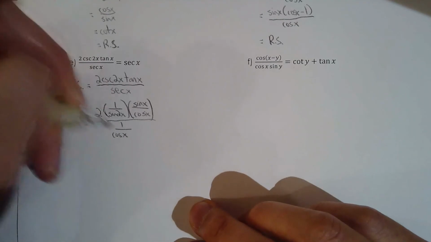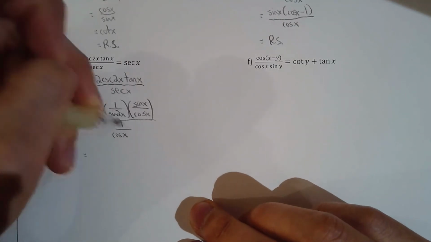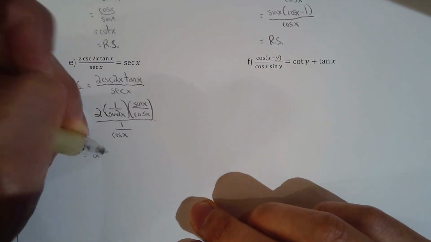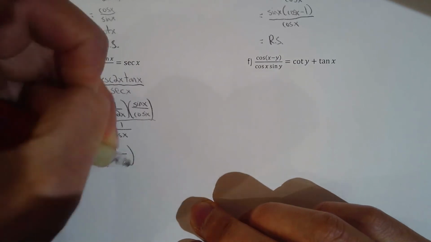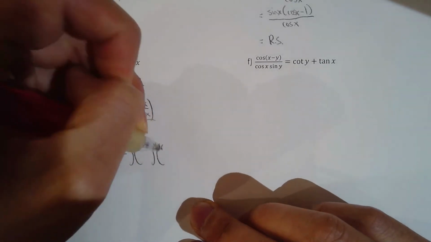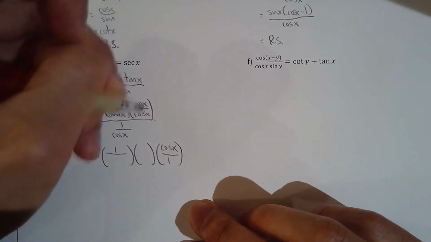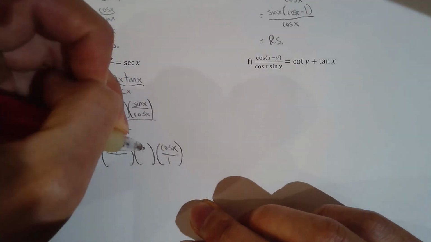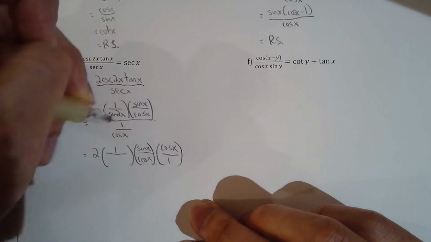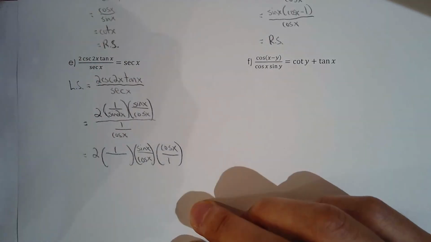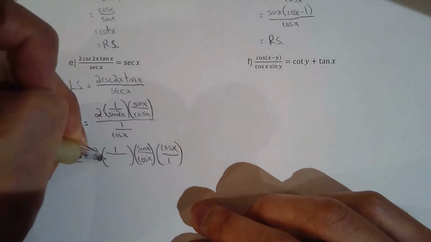Okay, let's clean this up a little more. So we divide by 1 over cos x, that's essentially multiplying by cos x. So I'm going to write cos x over 1. Now sine x over cos x, I'm going to leave that alone. But sine 2x, I'm not going to write sine 2x because I know the double angle formula for sine.